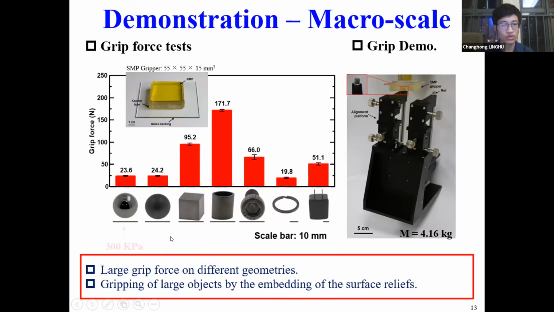That's equal to 300 kilopascal on the cross-sectional area. And for any larger objects, we can also handle them with the SMP gripper by embedding the surface reliefs of the objects into the SMP gripper. Here, we grip an LED platform by embedding the screw on the platform into the SMP gripper.